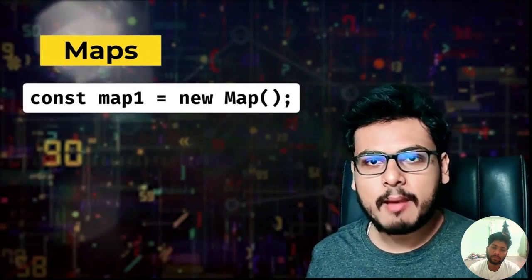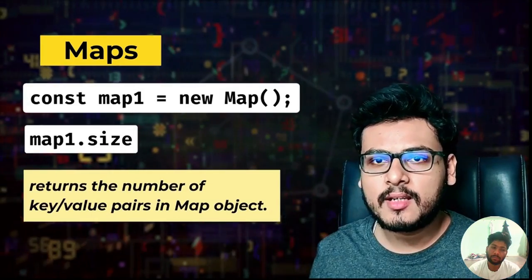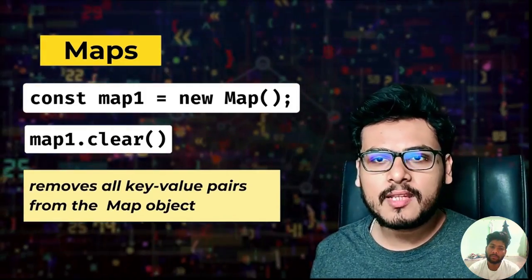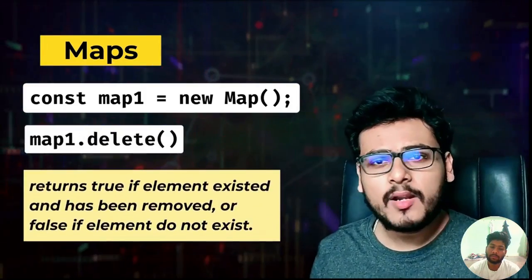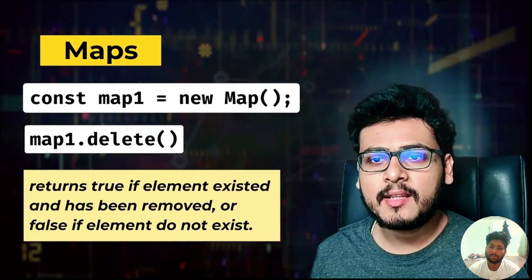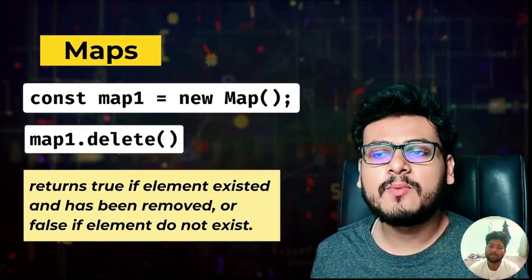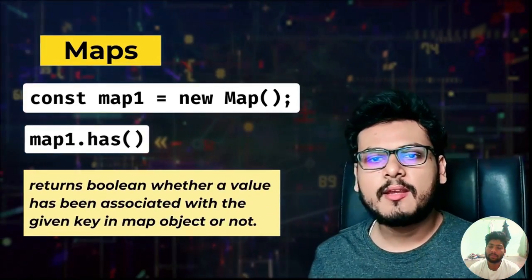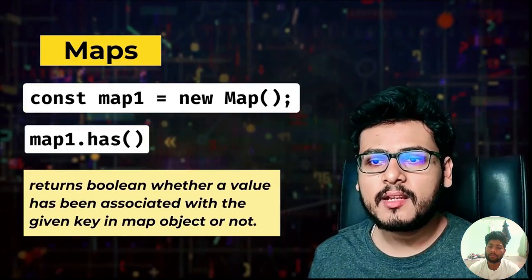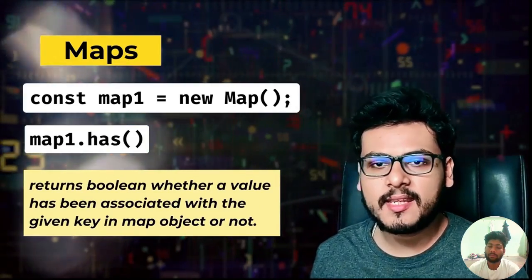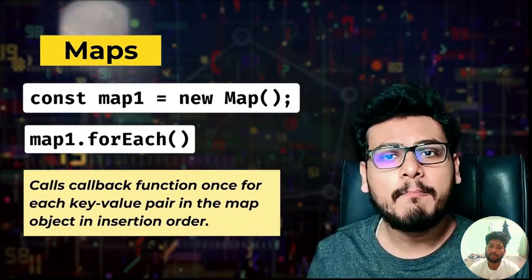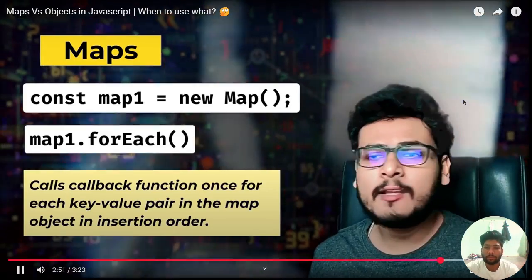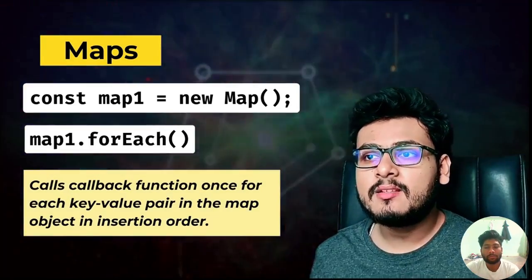Once map1 equals new Map, map1.size returns the number of key-value pairs in the map object. map1.clear removes all key-value pairs from the map object. map1.delete returns true if an element in the map object existed and has been removed, or false if the element does not exist. map1.has returns a boolean indicating whether a value has been associated with the passed key in the map object or not. map1.forEach calls a callback function once for each key-value pair present in the map object in insertion order.